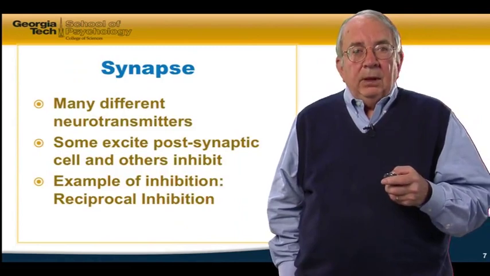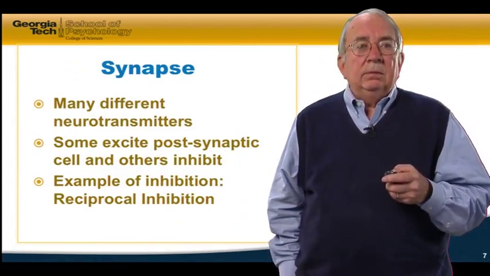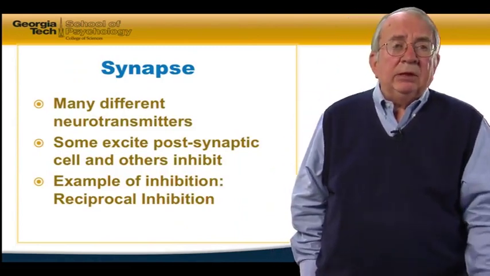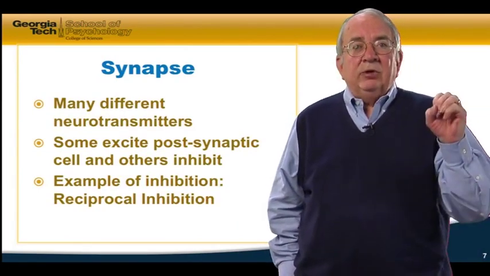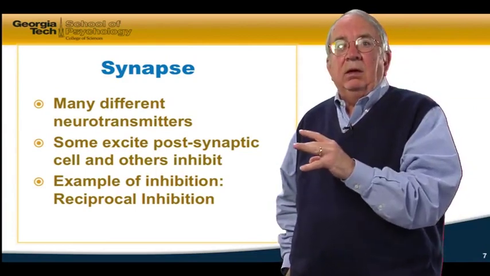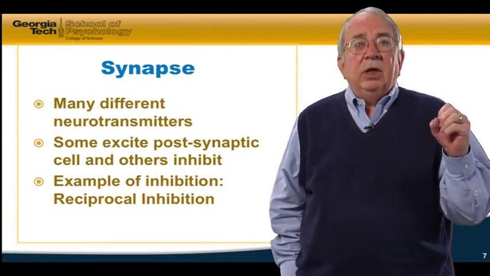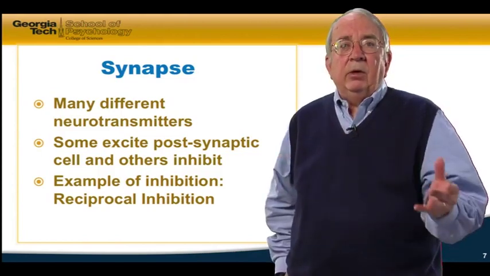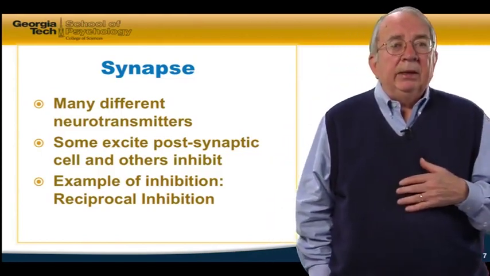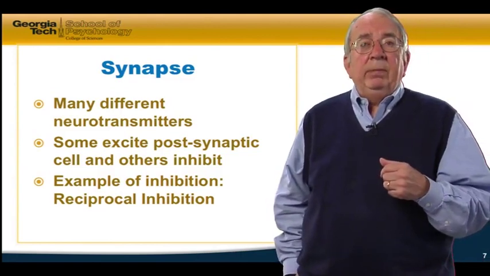Now, like I said, there are many different transmitter substances. You have to remember that some transmitter substances actually inhibit firing. So you can have a transmitter substance that excites the cell, or you can have transmitter substances that inhibit the firing of the postsynaptic cell. Excitatory, inhibitory. An example of that is reciprocal inhibition.